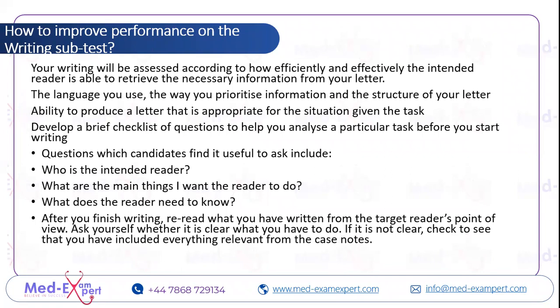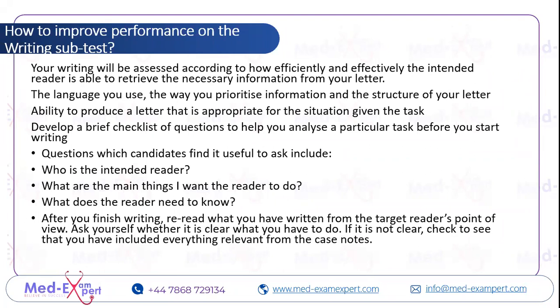Now, the second question is, what are the main things I want the reader to do? That is, the person to whom I'm writing the letter, what do I want from him? Do I want the person to provide ongoing care to the patient? For example, I'm suspecting a patient to have diabetes mellitus, and I'm writing to the endocrinologist.